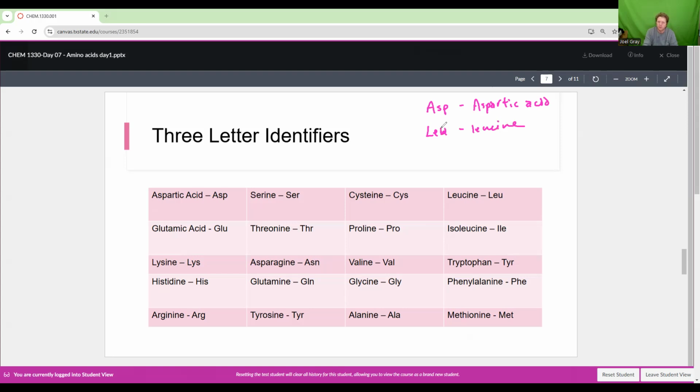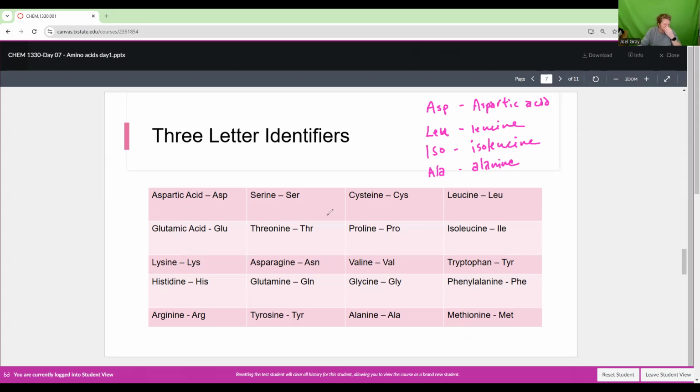Then this is a U, not an N. Then we've got ISO for isoleucine. And then we've got ALA for alanine. I'm going to provide you with the question of, well, which one of these is the incorrect combination?